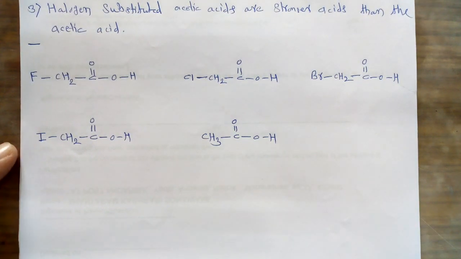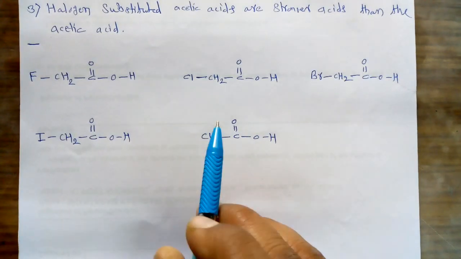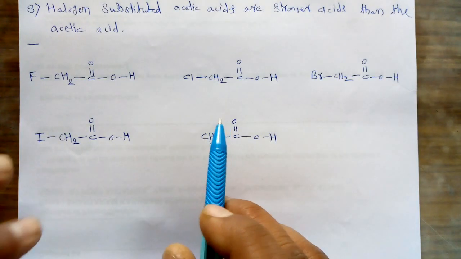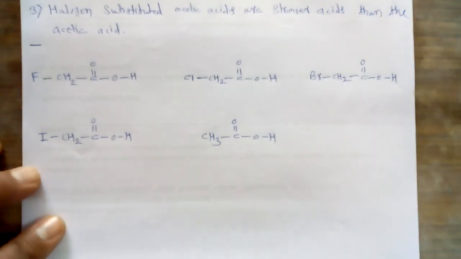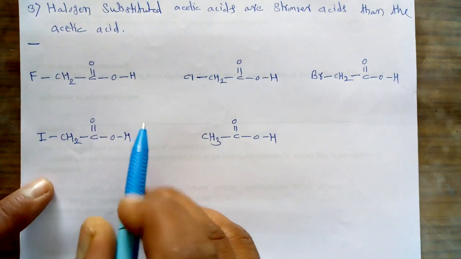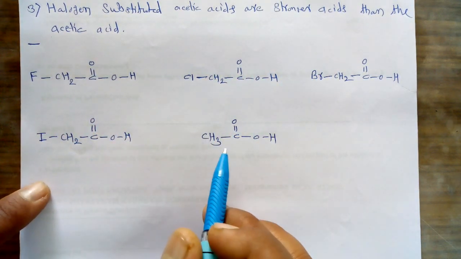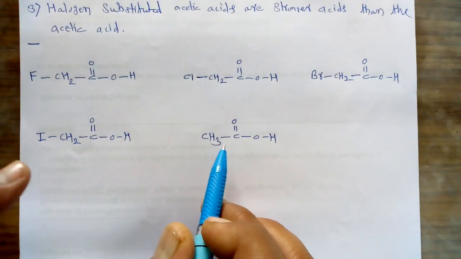So these are the 5 different examples of acids. Our main acid is acetic acid, and the remaining 4 acids are called halogen substituted acetic acids. Now our aim is to justify why these halogen substituted acetic acids are stronger acids as compared to plain acetic acid.